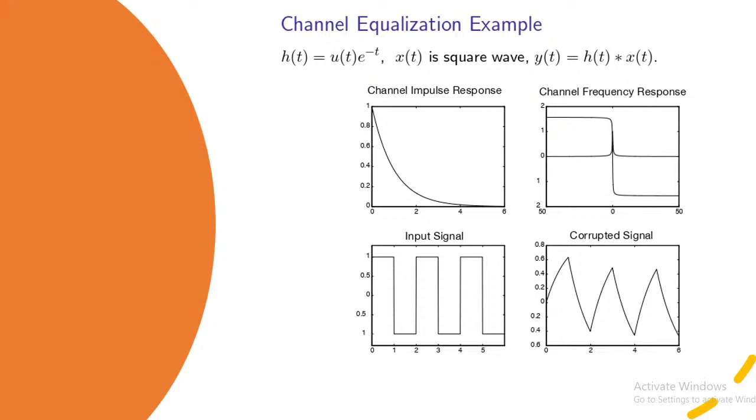As it goes away from the DC frequency, it again goes to 0. That is the channel frequency response, because of u(t) you get this response.